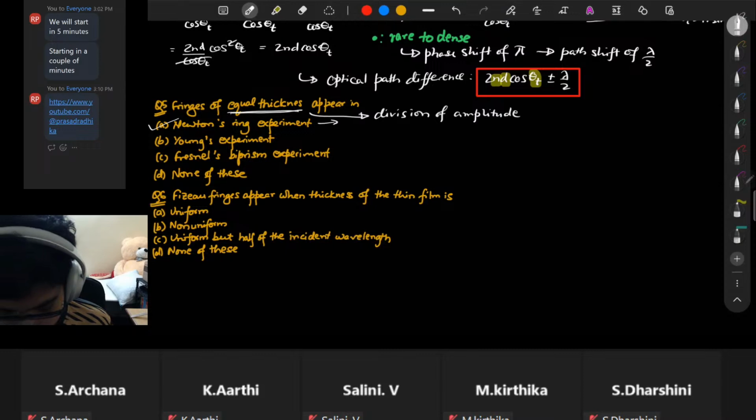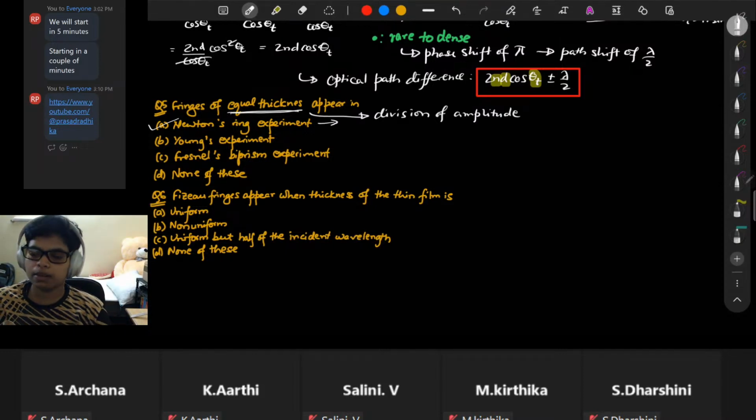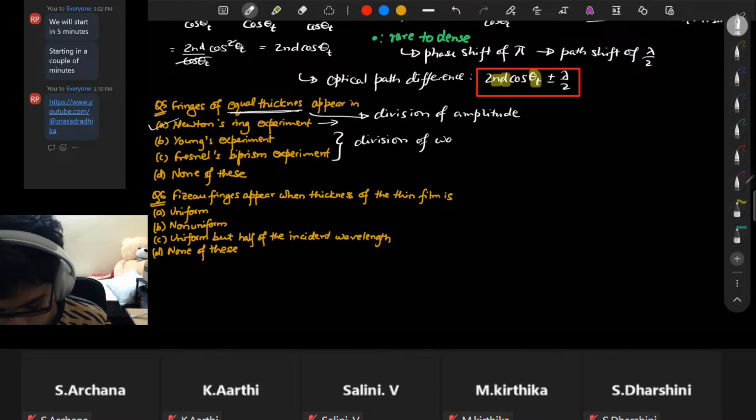And Newton's ring is an experiment based on interference effect based on division of amplitude. Whereas Young's experiment and Fresnel's biprism experiment are interference effects based on division of wavefront.